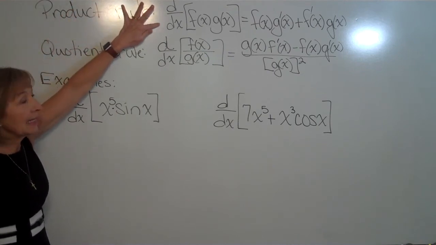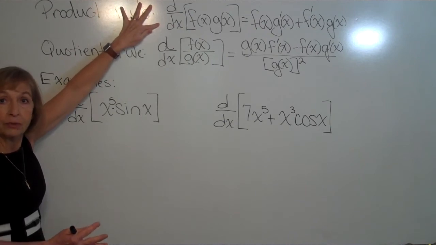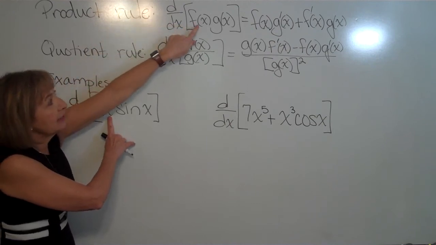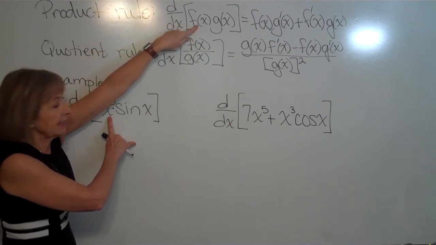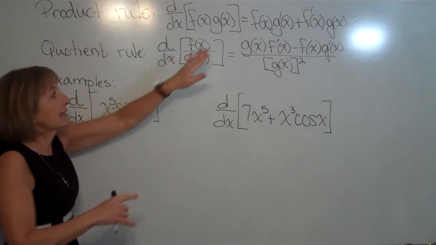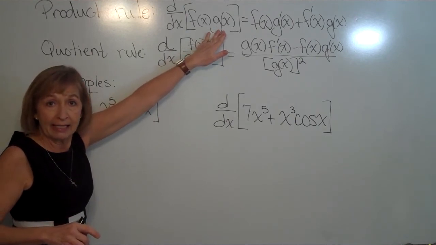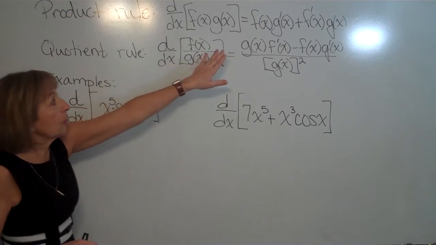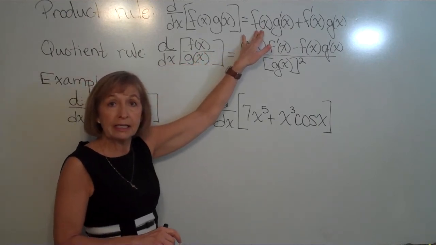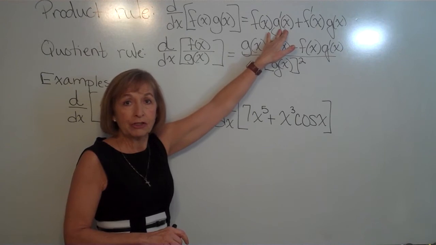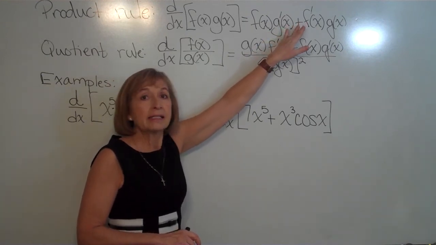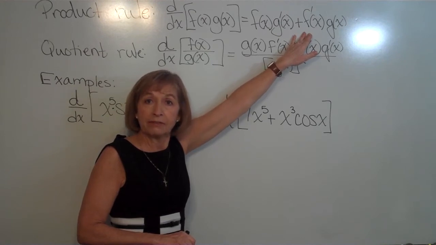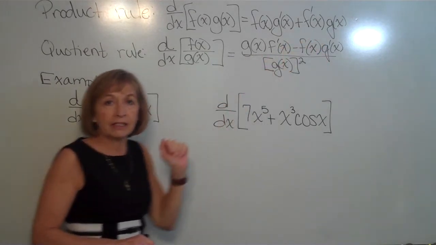Now when I'm looking at this in terms of applying the product rule and the role everything plays in this, think of your x to the fifth as being your f of x and your sine x as being your g of x. So when I think about how to apply this, we're going to take our f of x function times the derivative of our g of x function plus the f prime of x, the derivative of our f of x function, times our g of x function.